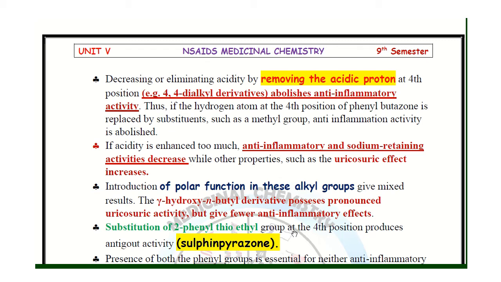On the other hand, if we substitute the 2-phenylthioethyl group at the 4th position, that will result in a compound with good anti-gout activity, meaning a high uricosuric effect. The example of the drug is sulfinpyrazone. Sulfinpyrazone has the 2-phenylthioethyl side chain at the 4th position.